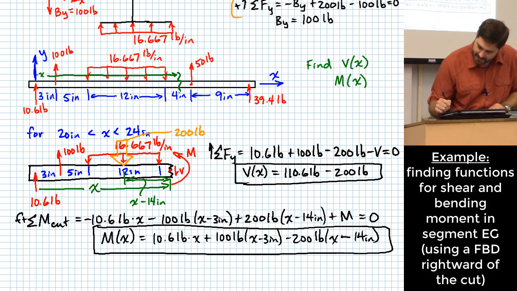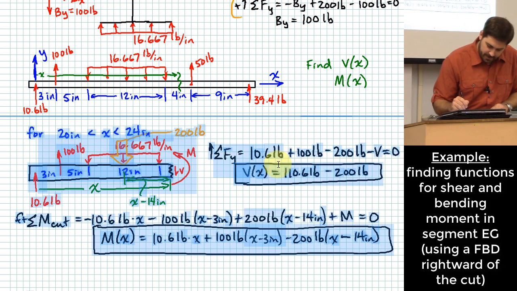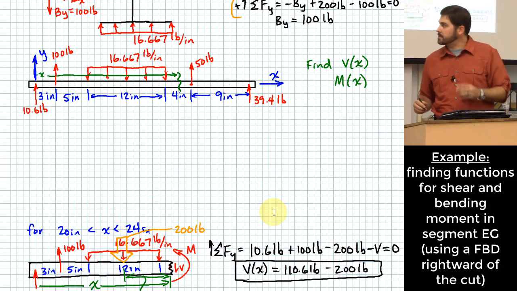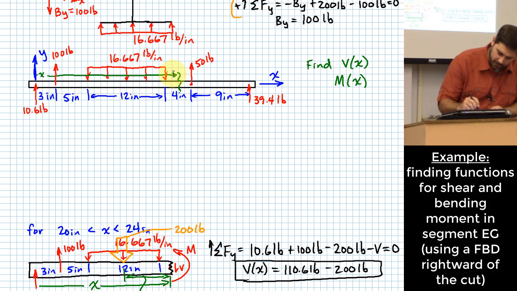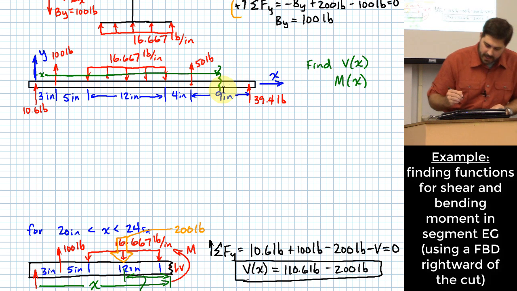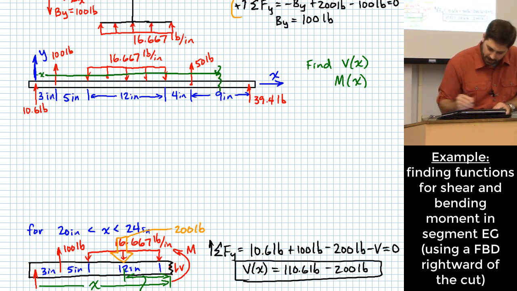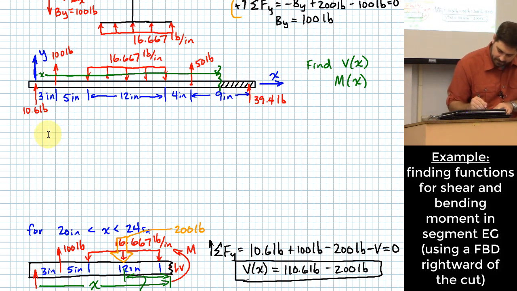Now, I told you the last one I was going to do, where I drew a free body diagram of the right piece. Okay? Like the rightmost piece. So let me draw this arrow over to some cut that we make in that last segment. But this time, I'm going to take the segment of the beam to the right of that.